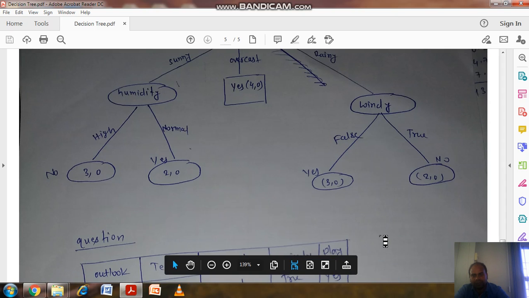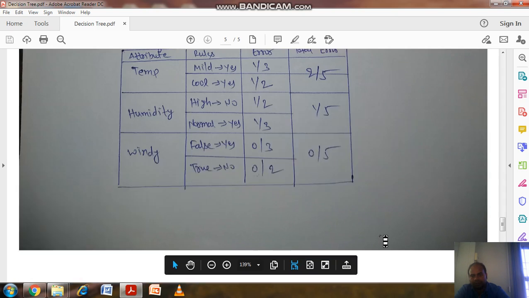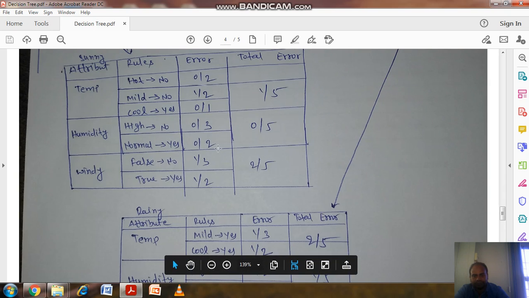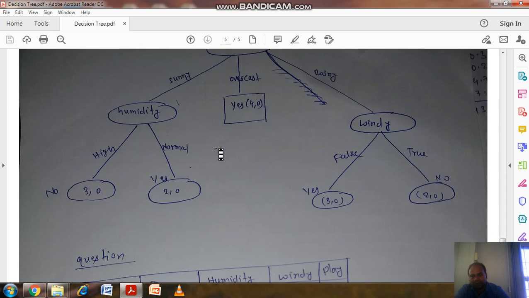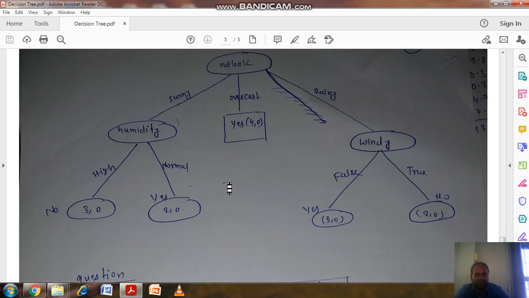So for humidity, you can see that high has 3 no and 0 yes, and normal has 2 yes.